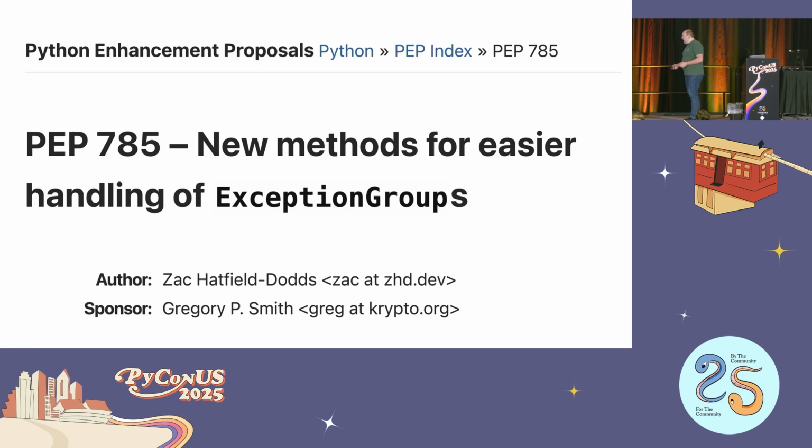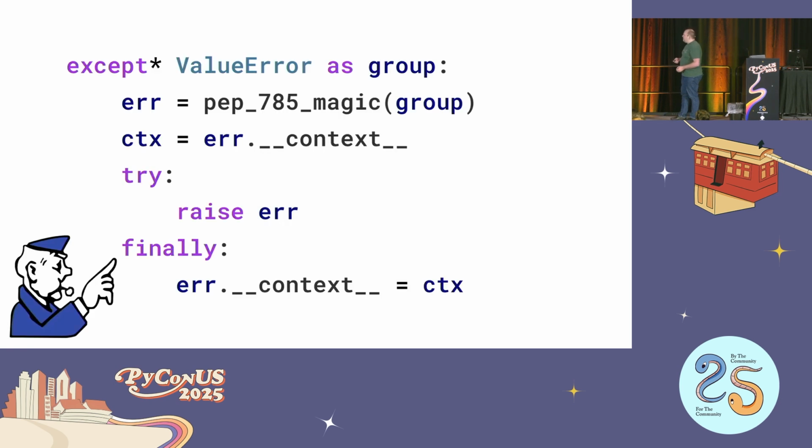To fix that, there is a helper method proposed in this PEP, but the essence of it looks something like this. And here again we have the police officer, because while this code is correct, if you write it, your colleagues might be sad. I'm sad when I look at this code, and I wrote it. So what do we do? We do some magic thing to get one error out of the group with the fixed traceback.